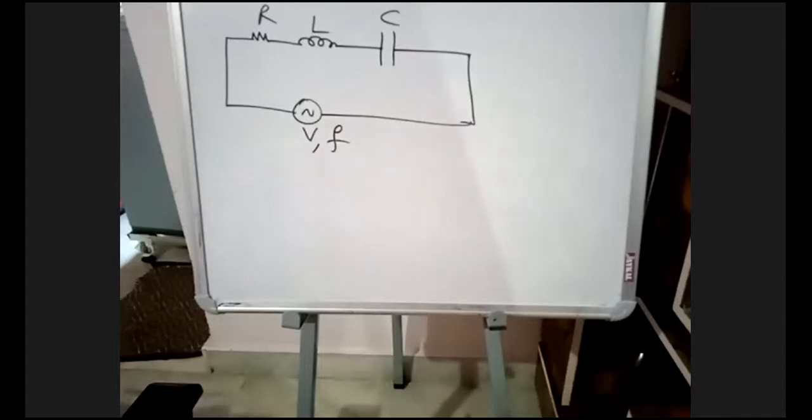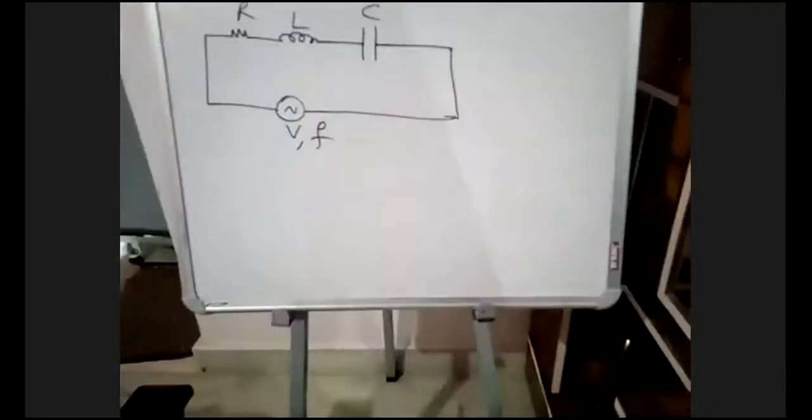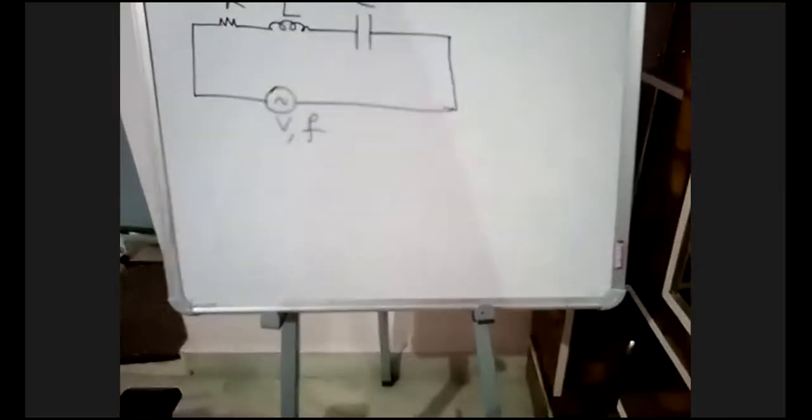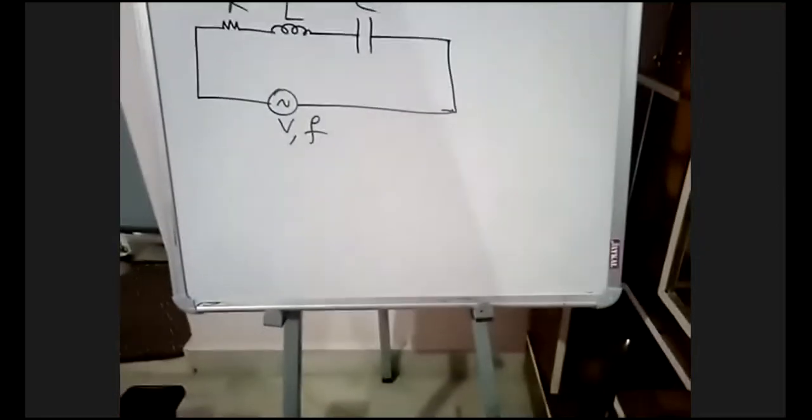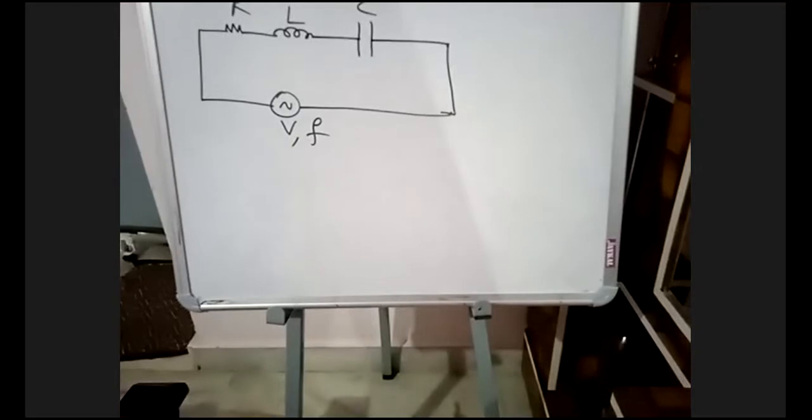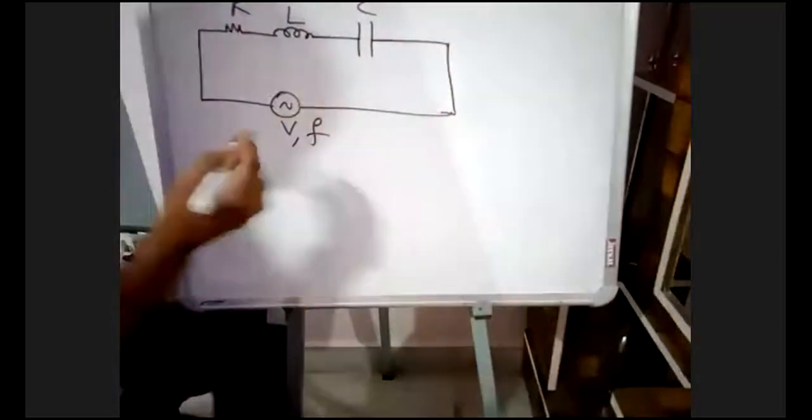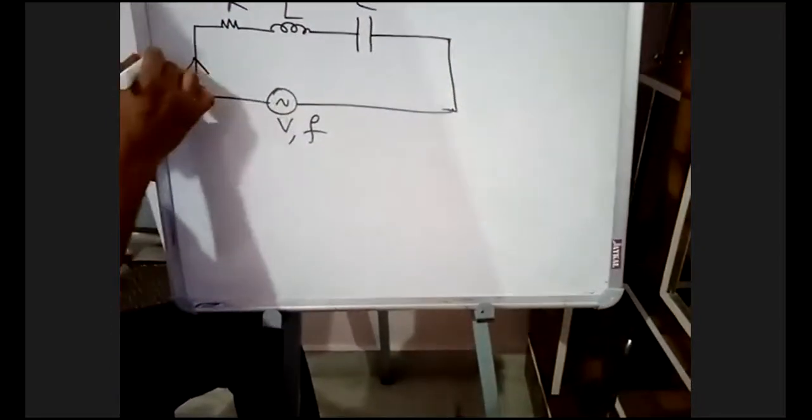Okay, listen here. Series RLC circuit: R, L and C are connected in series. Now here, we will write the formula for it. I is the current.